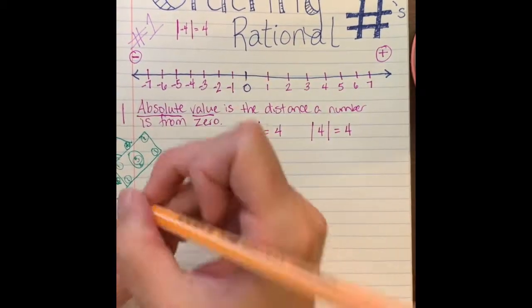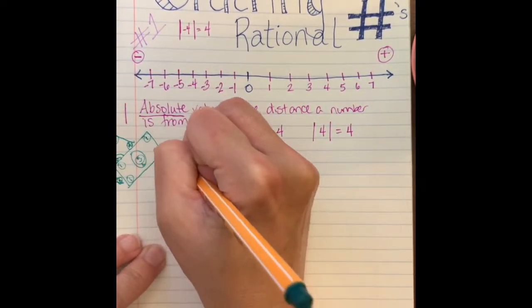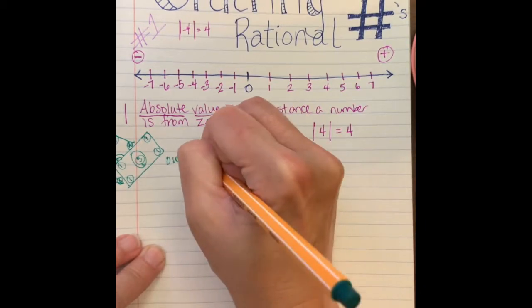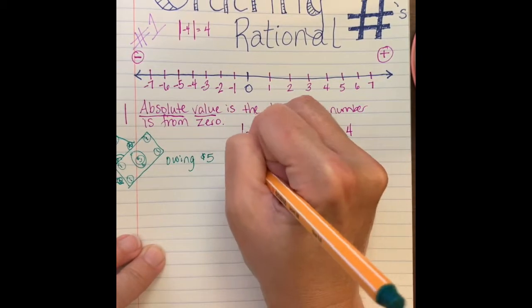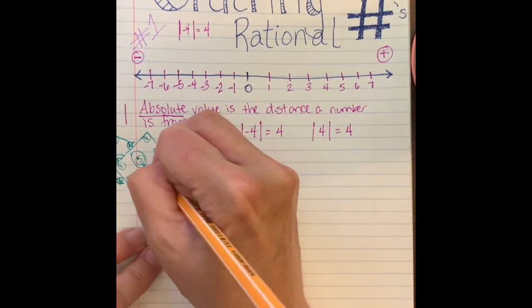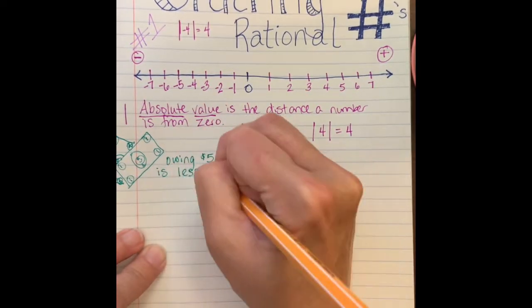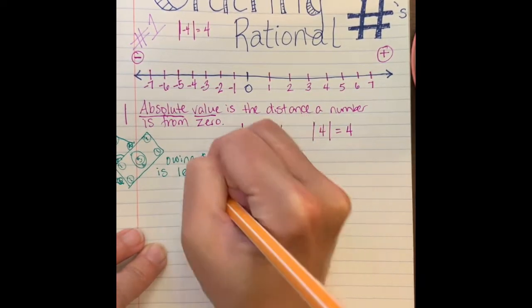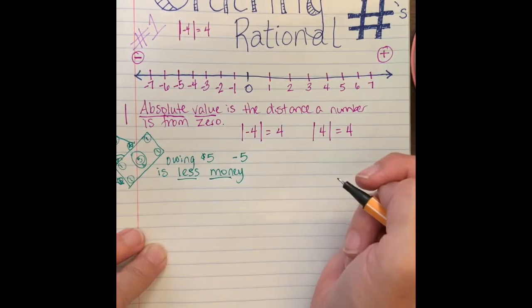Owing $5, which would be negative 5, is less money. You have less money.